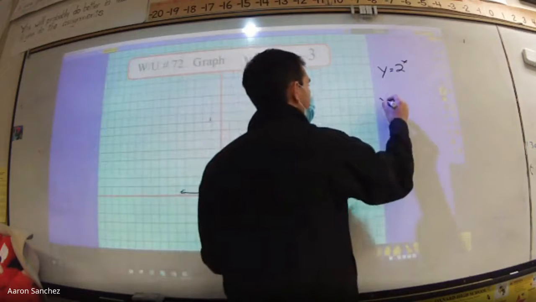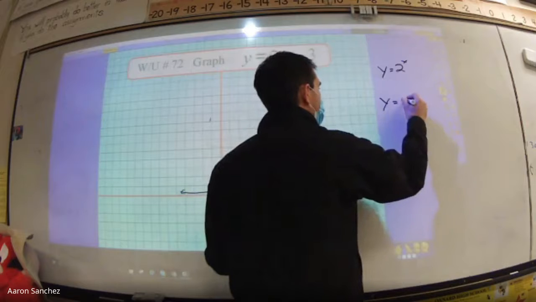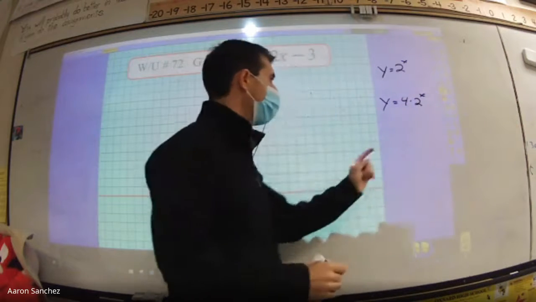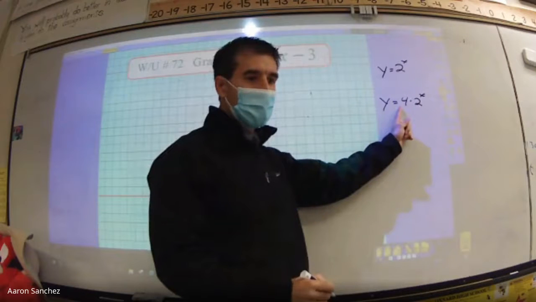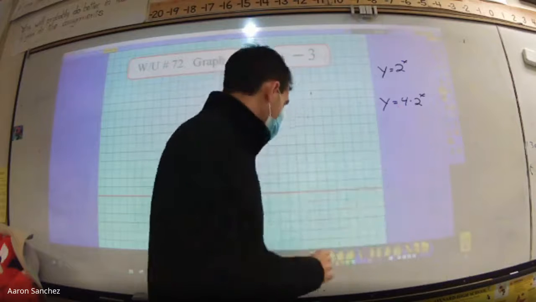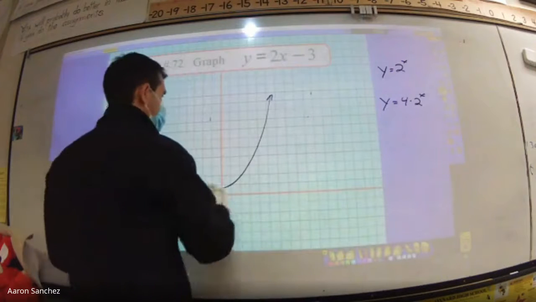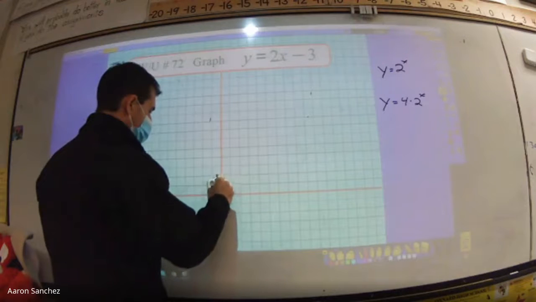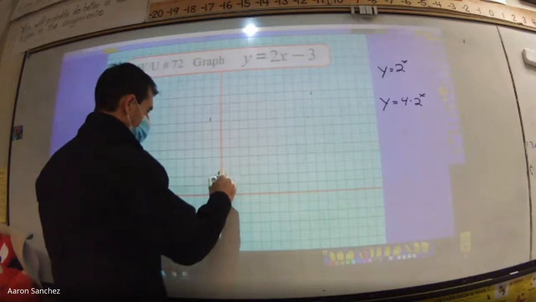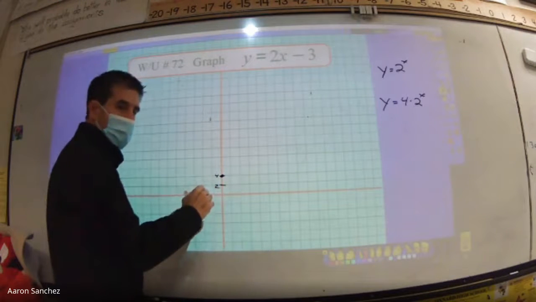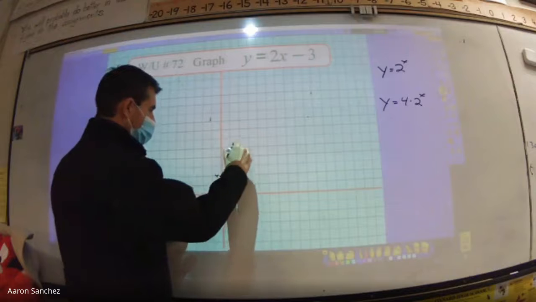If I had y equals 4 times 2 to the x, if I have a 4 in front of the 2, that means that the graph, right at the center line, is going to cross at 4. And then it'll shoot up like it did before.